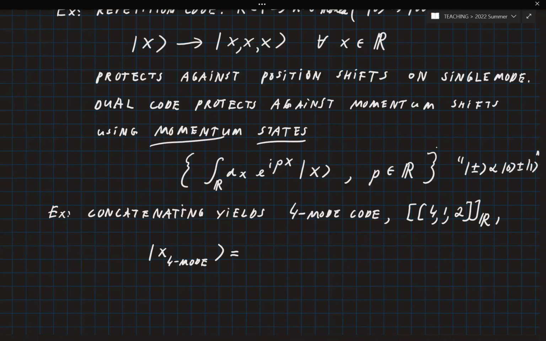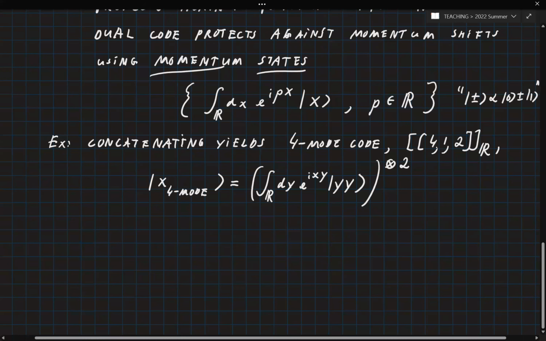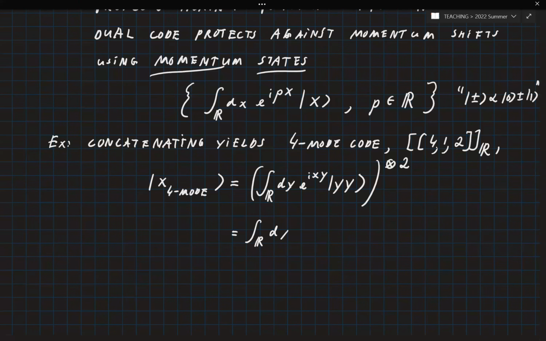We're encoding one logical mode. We're concatenating, so we're taking a repetition code in the position basis. We're doing a logical Hadamard, or Fourier transform. And then we're concatenating that once more as a phase flip repetition code, which obtains the 4-mode code.